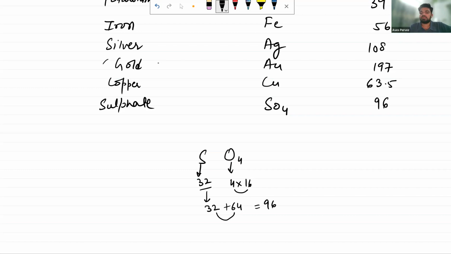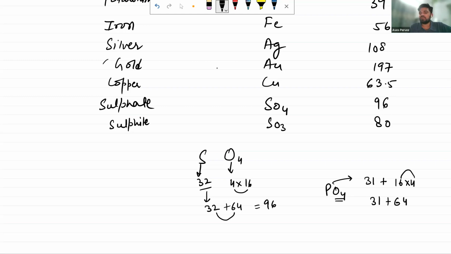Similarly, sulfite ion, SO3. Subtract 16 from this one, so you will get 80. Okay, understood? Mass of phosphate, PO4. P is 31 and O is 16 into 4, which is 64. When you add these two, you will get 95. So we get 95 for phosphate, PO4.